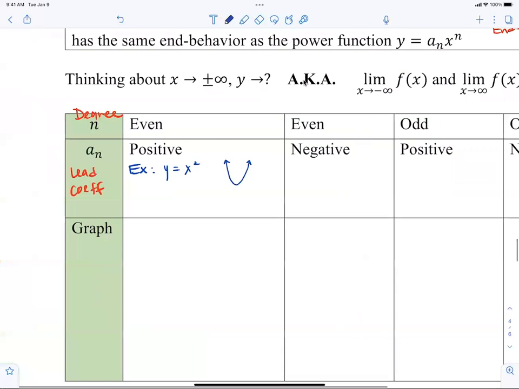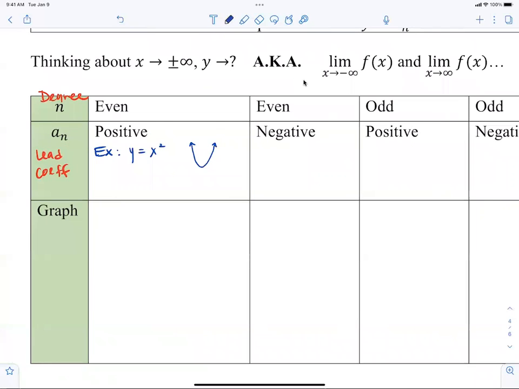Well, any even degree polynomial function with a positive leading coefficient will have the same end behavior as y equals x squared, right? Both ends up.